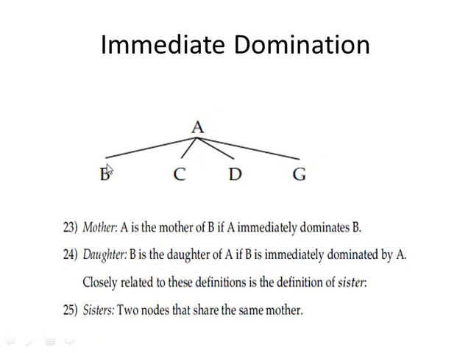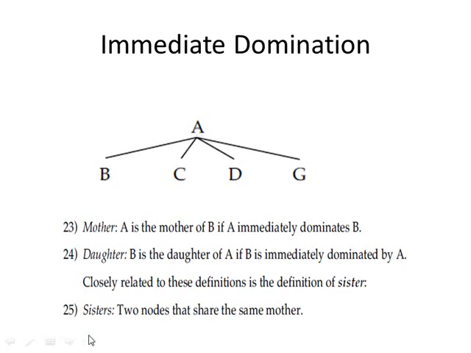A is the mother of B if A immediately dominates B. Jadi A itu disebut mother-nya B jika dia secara langsung dominate B. And B is the daughter of A if B is immediately dominated by A. So B is called as daughter of A if B is immediately dominated by A. Jadi B itu disebut sebagai daughter, anak dari A. B disebut sebagai anaknya A jika B didominasi secara langsung oleh A.